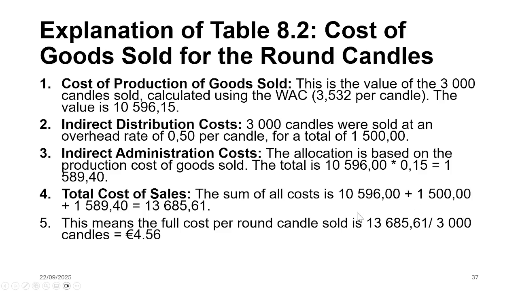Okay, so this is one of the applications. Normally you follow step by step: cost of production of goods sold, indirect distribution cost, indirect administration cost, total cost of sale, by the sum of all of the cost amounts and the cost per unit, or cost per round candle.